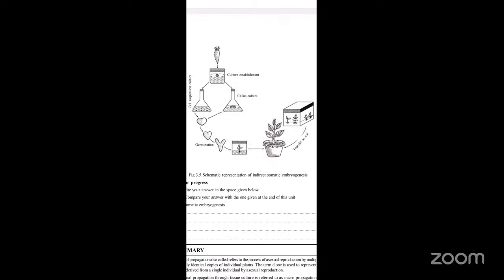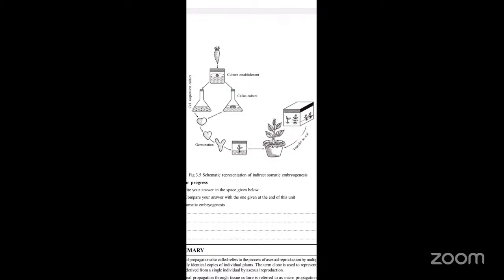Terminology, what are the terminologies here? Totipotency: the cells have the ability to regenerate into plantlets on a particular medium. That character we call totipotency. Cellular differentiation is part of the morphogenesis and development of higher plants.